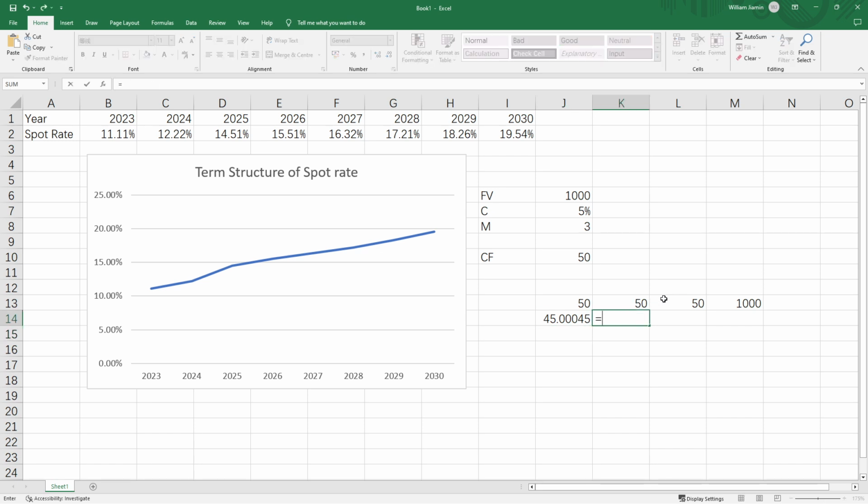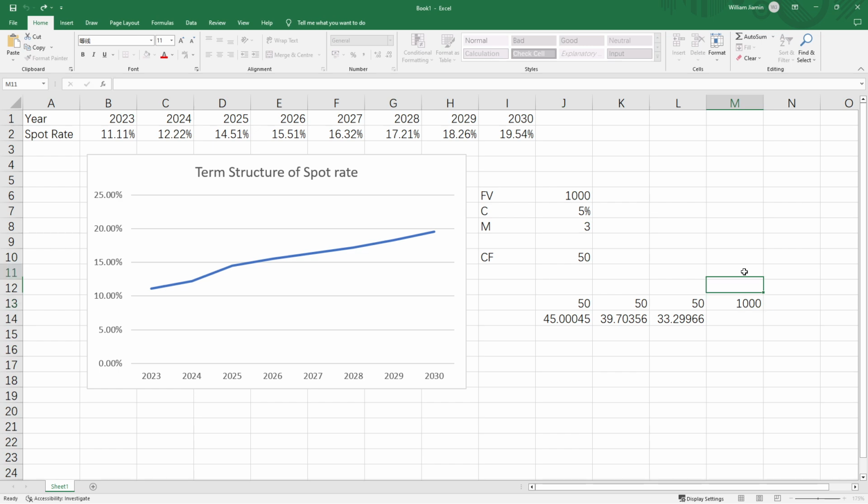And at year 2, you get this divided by 1 plus the second year spot rate, raised to the power of 2. Third year will be 1 plus the third year spot rate, and of course raised to the power of 3. And you can add that.